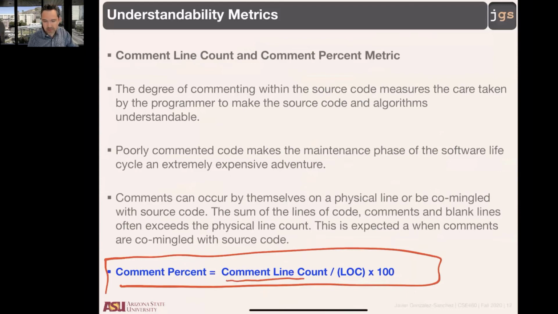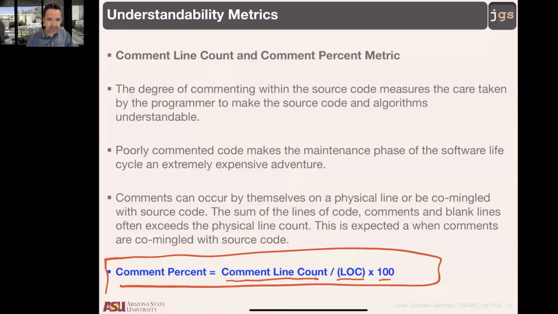How many comments do you have? How many lines with comments? And how many lines of code in total? The relationship between those two is going to be a measure of understandability. Yeah, we can make this a percentage, so the 100, but the measure here.